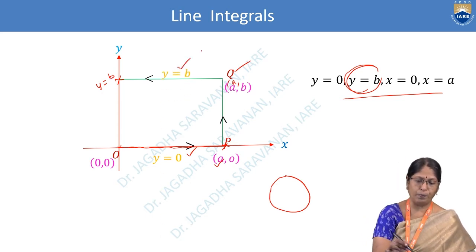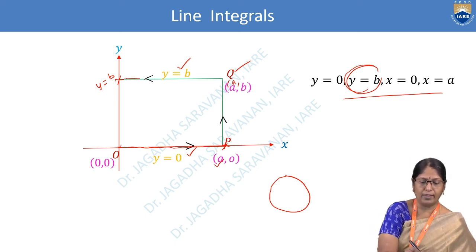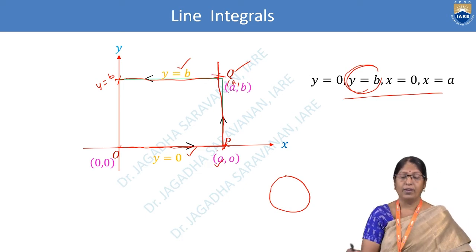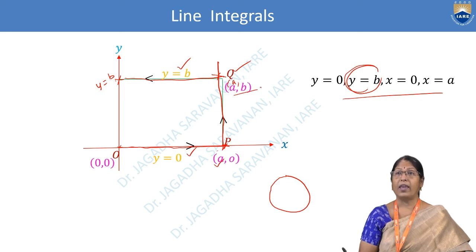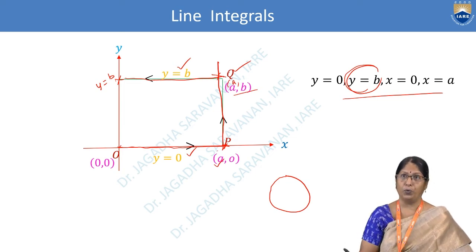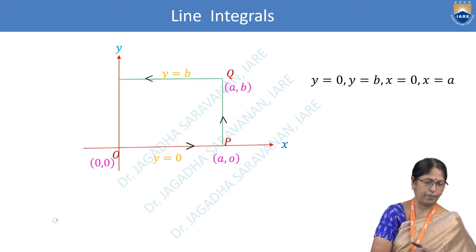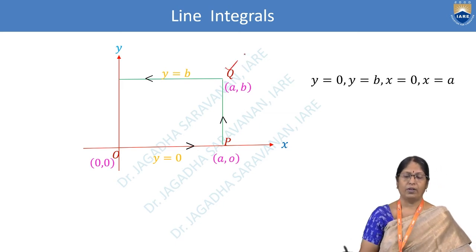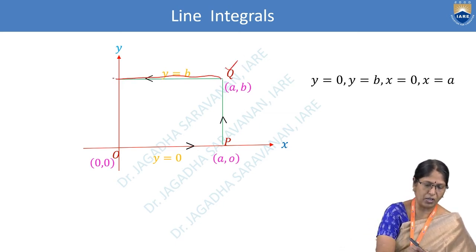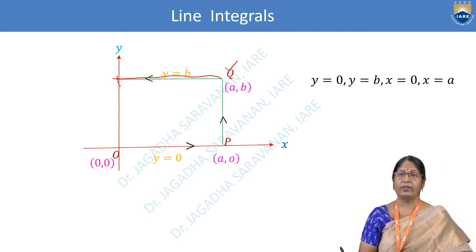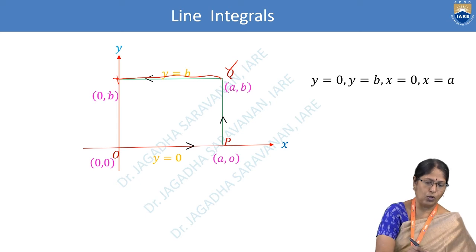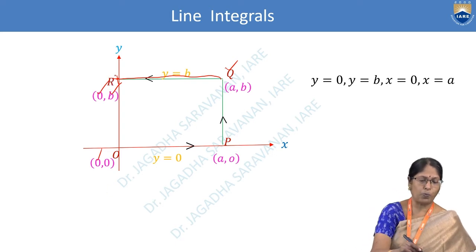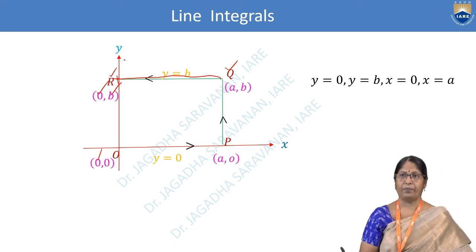The intersecting point of this line and this line is a comma b, named Q. So now we are at Q. We moved here, touching the y-axis at the point b. So y is b, x is 0. This point we named R.